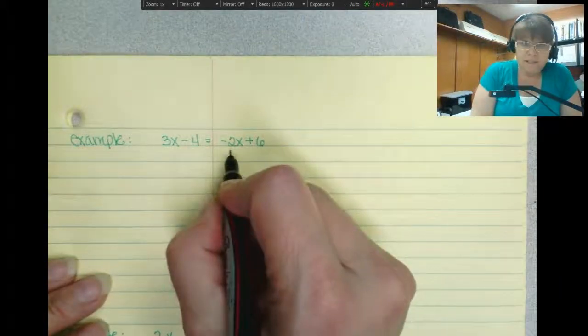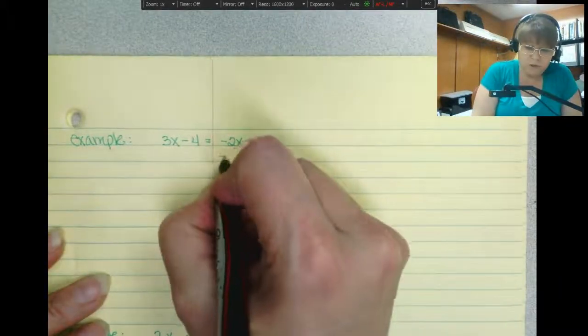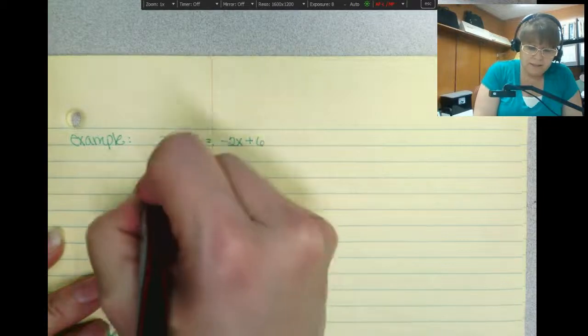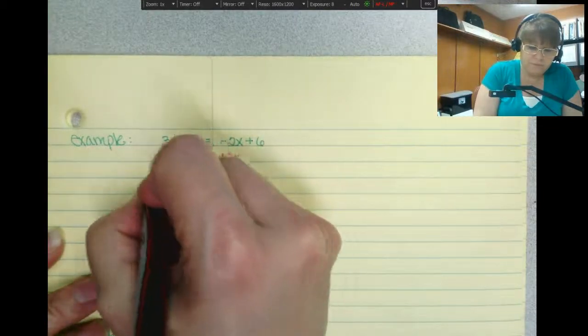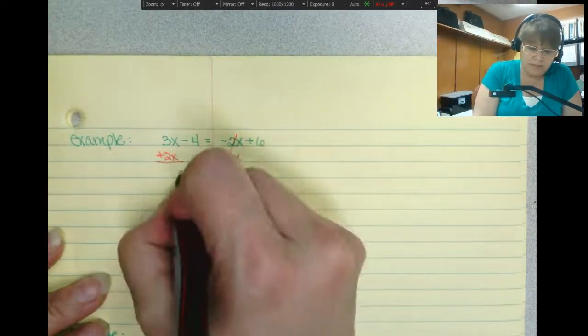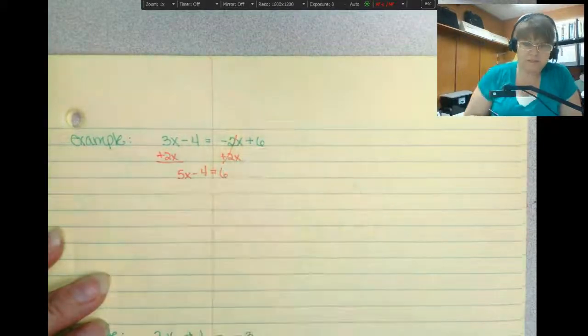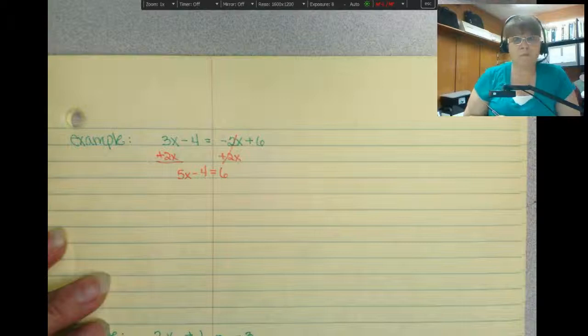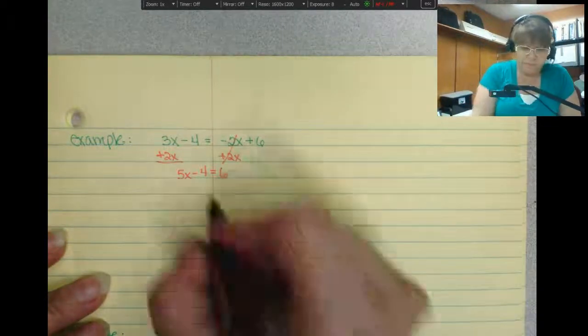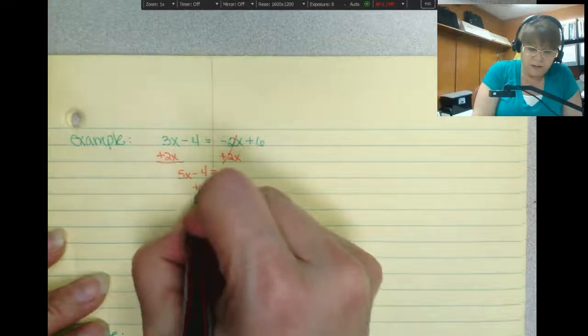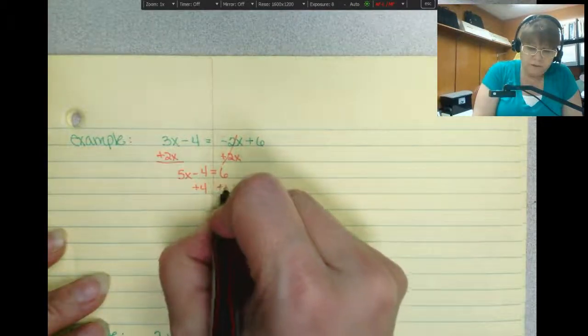In this example, I'm going to move the variables to the left, constants to the right. So the opposite of negative 2x is going to be a positive 2x. That's 5x minus 4 equals 6. Now I'm going to move my constant, which is negative 4, to the right. So the opposite of negative 4 is positive 4.